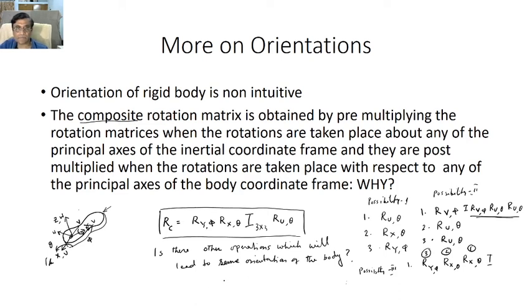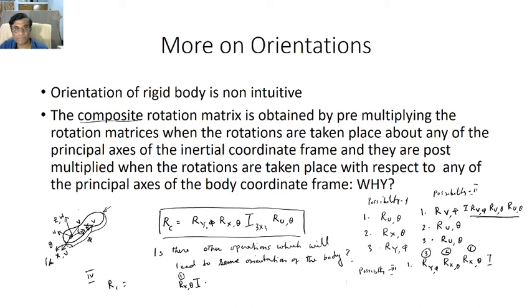So you can see there are many. Is there any other way? Let me see. Fourth possibility. Now it is your turn. Tell me. First, it could be with respect to x theta. So this is first.